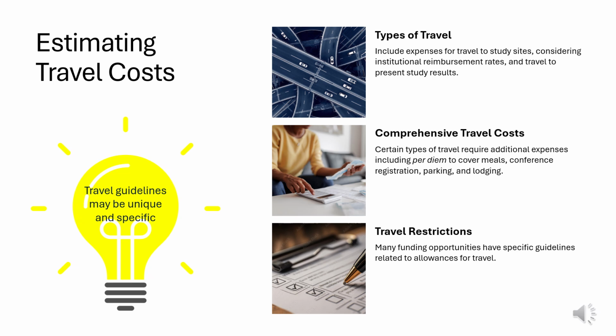Additionally, it's important to review specific guidelines and restrictions imposed by the funder regarding allowable travel costs to ensure compliance through the budgeting process. There are often also limits on the amount of money spent specifically related to travel. Ensure that all covered travel is scheduled to occur within the funding period.